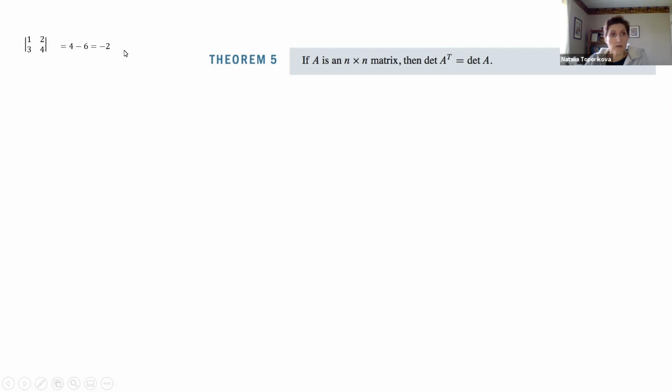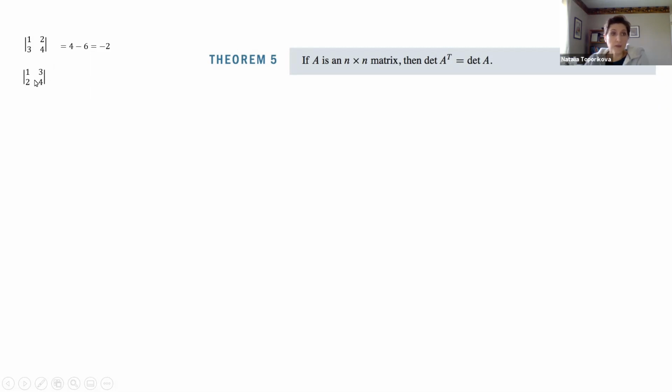Great. Now let's calculate the determinant when we transpose the matrix, which basically replaces rows and columns. Our left diagonal elements remain the same, but the right diagonal is just flipped.